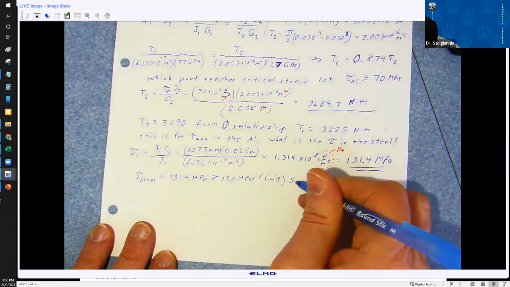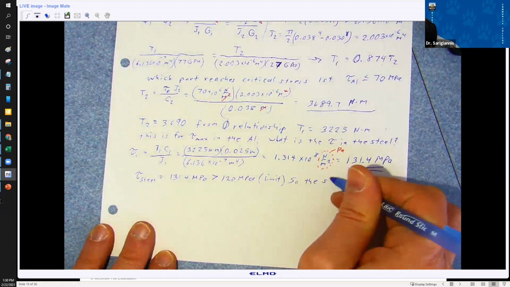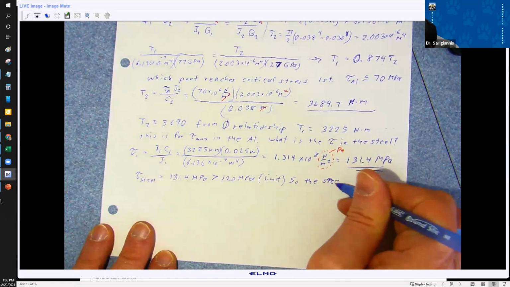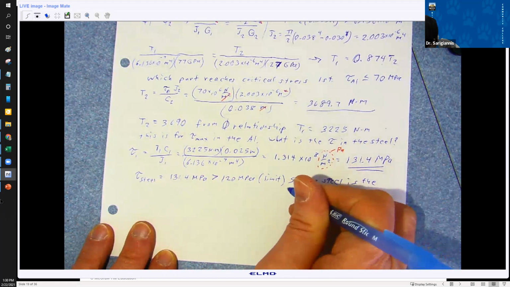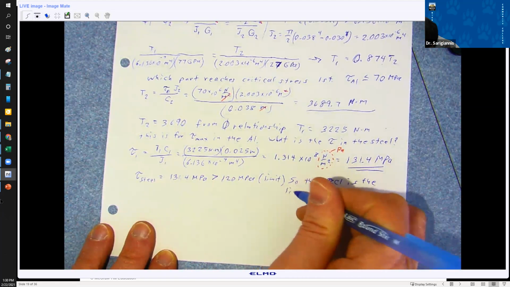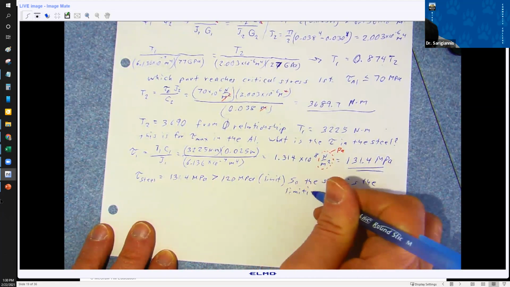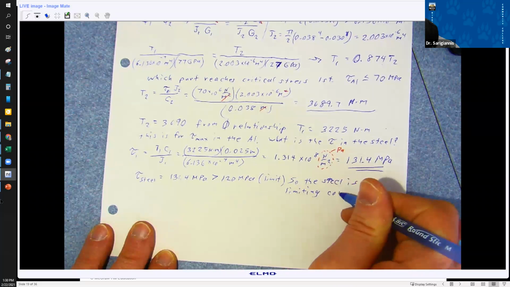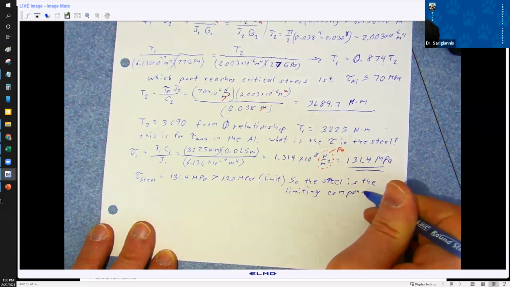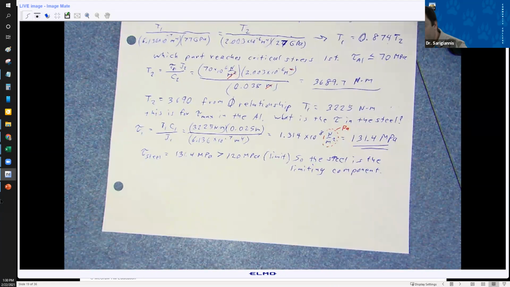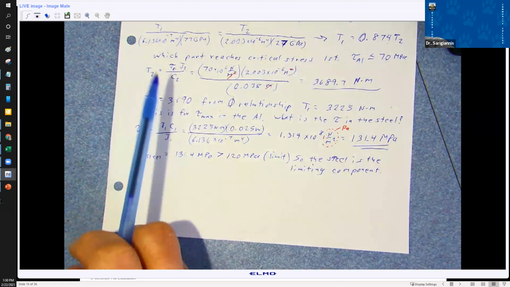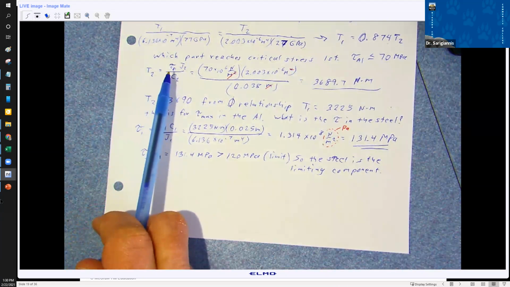So the steel is the limiting component. So now what we're going to do is go back and do the same thing we just did for the aluminum, right?